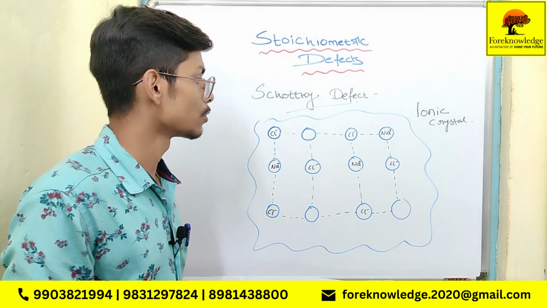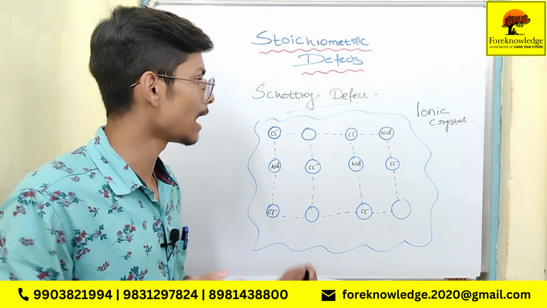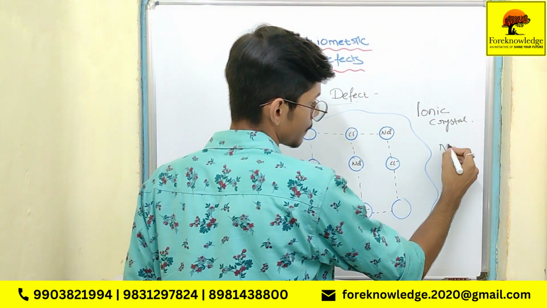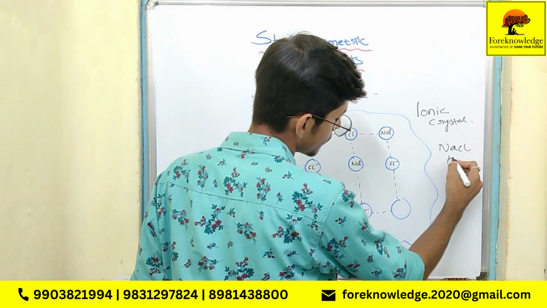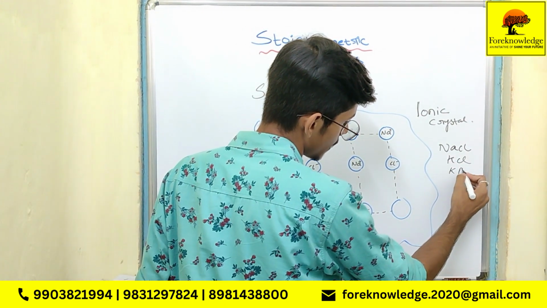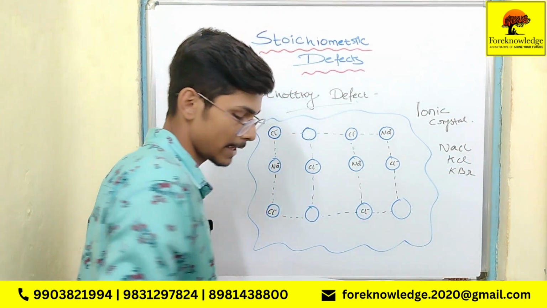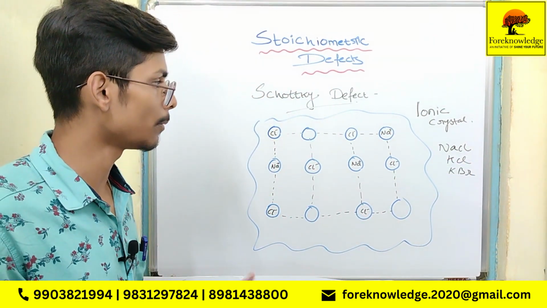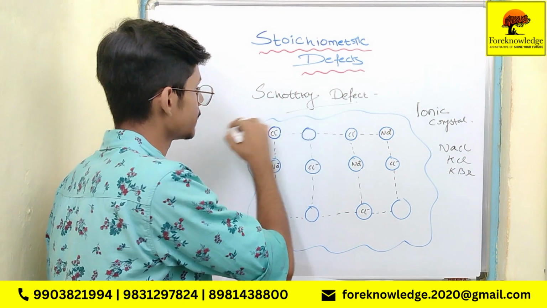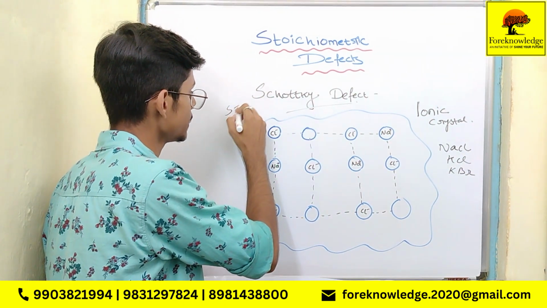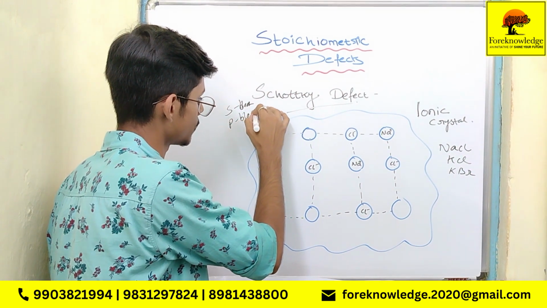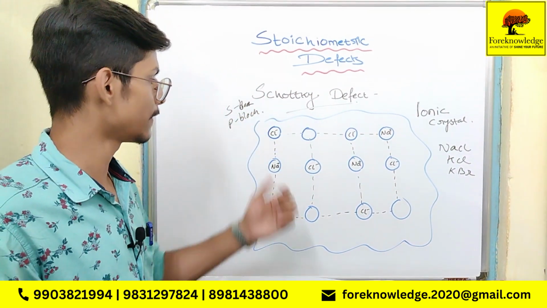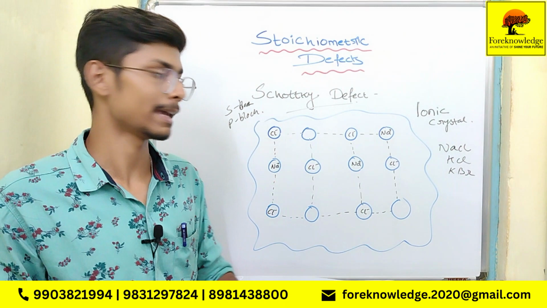Okay, so some of the examples are NaCl, then KCl, then KBr. Okay, these are some of the examples, and you have to keep in mind that Schottky defect basically arises in s-block and p-block elements.